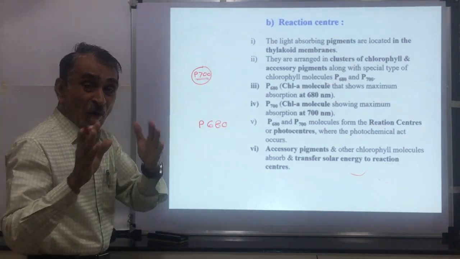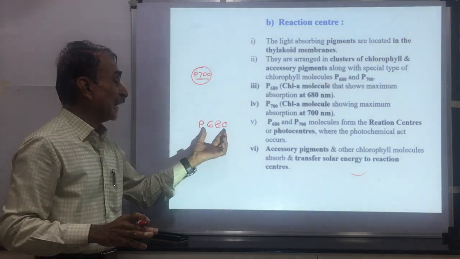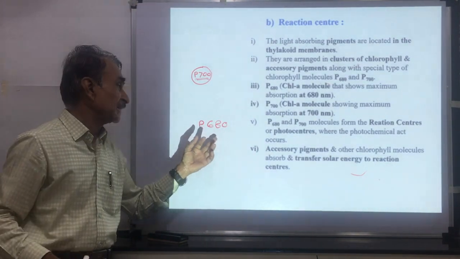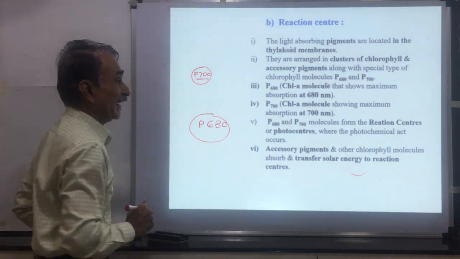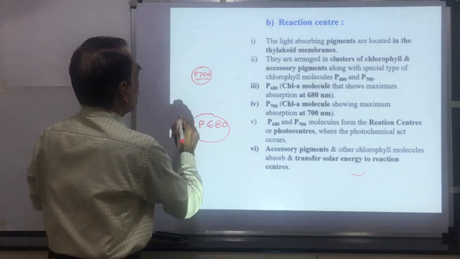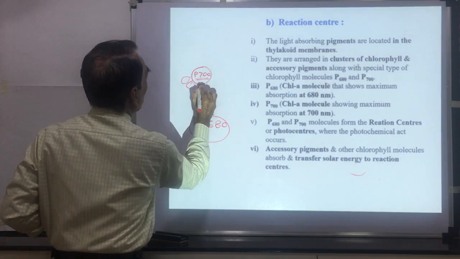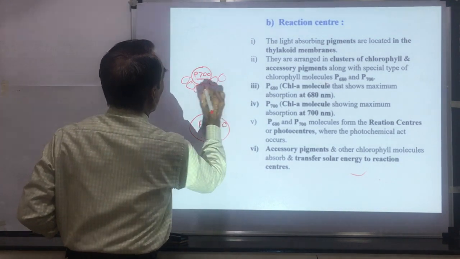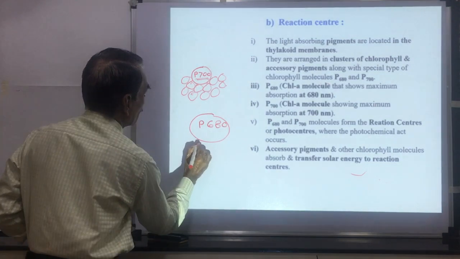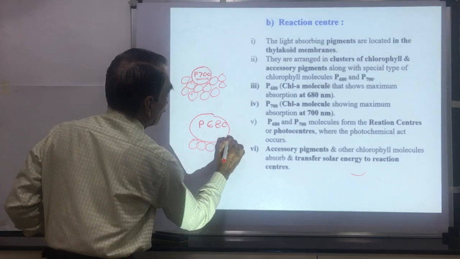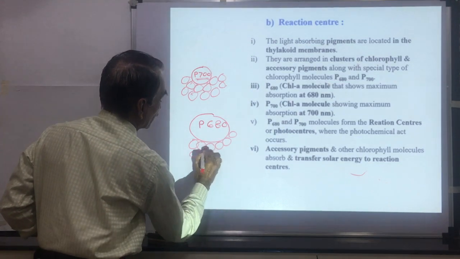This is another form of chlorophyll A which absorbs the maximum light at 680 nm. This is called P680. Around this P700, there are other pigments, other forms of chlorophyll A, then chlorophyll B, carotenoids, xanthophylls, etcetera. These are called accessory pigments.